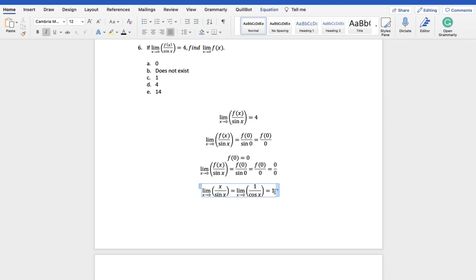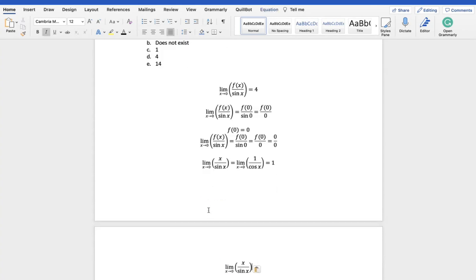what would you need to change this one into 4? Think about it, because in our limit, we have a 4 there. So what would you need to do? Multiply by 4, right.